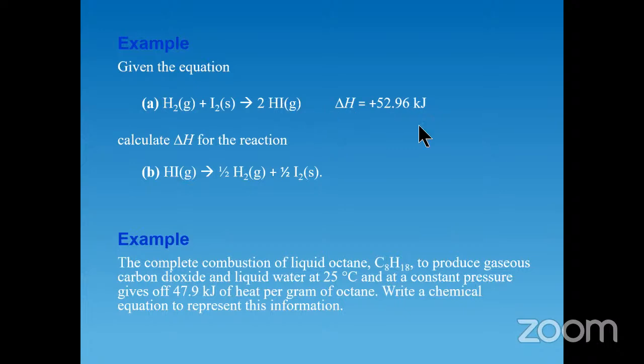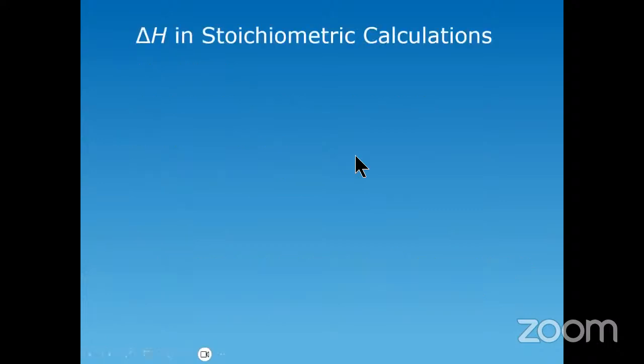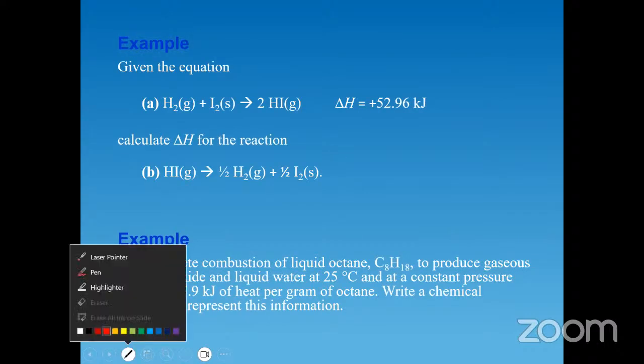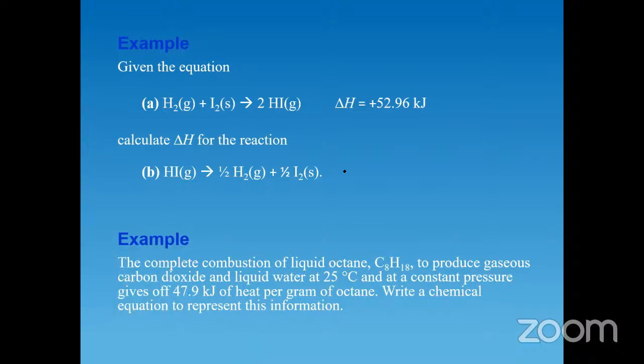Those changes will affect the delta H value that you're trying to calculate for this reaction here, right? So basically, to get the delta H value here, exactly. The delta H value here would be equal to, because the reaction is flipped, the sign is going to change, right? So you're going to have minus 52.96 kilojoules.